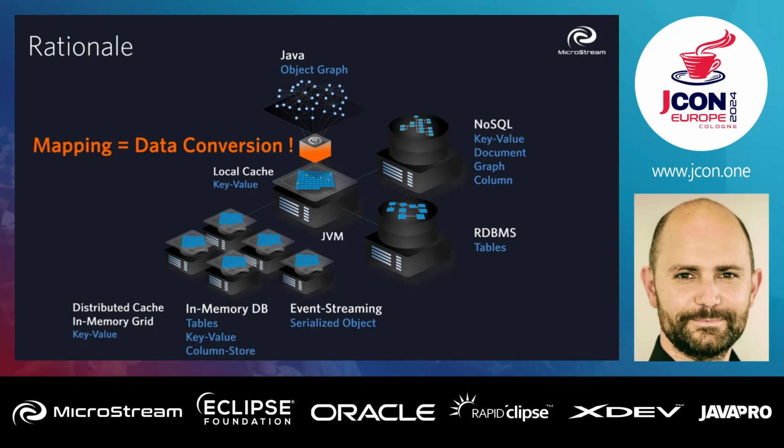We can have key values in maps, we have lists, and can design the pointers like we want. But in databases or data storages, there are different schemas, like tables or graphs, which are incompatible with the Java graph itself. We have event streaming software, and so on and so on. But the problem stays the same all the time. We have to deal with two different data models or schemas.